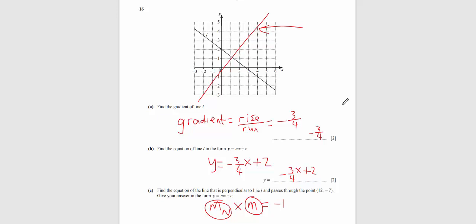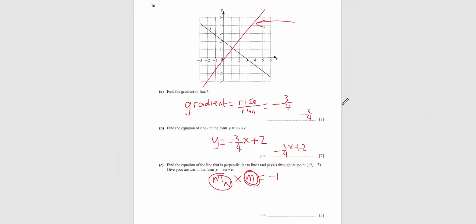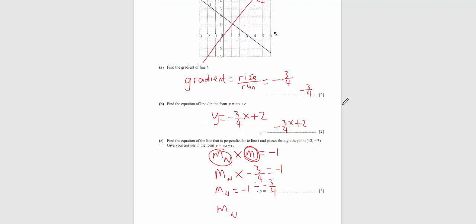So mn, the gradient of the perpendicular line, times the original gradient, which is negative 3 over 4, is equal to negative 1. So mn will be negative 1 divided by negative 3 over 4. So the gradient of the perpendicular line will be 4 over 3.